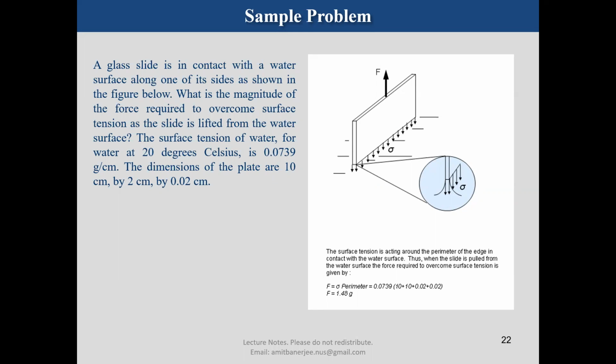Now basically, if you know the surface tension, the force is nothing but the surface tension times the perimeter, considering the definition of surface tension is force per unit length. So in this case, the contact surface is the perimeter, which is 10 plus 10 plus 0.02 plus 0.02, because it's a rectangular shape, and that gives us the force.